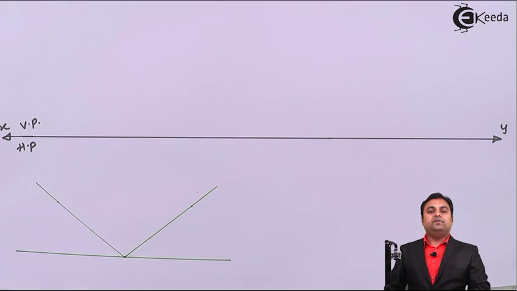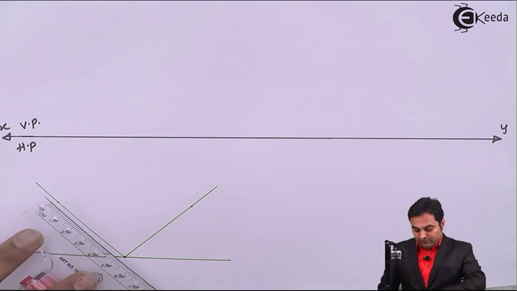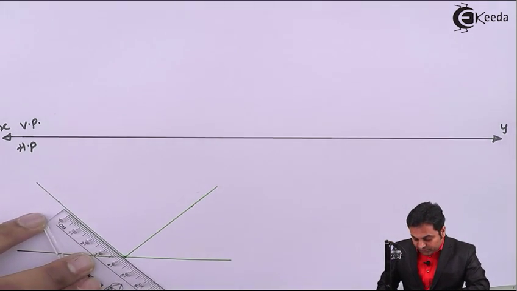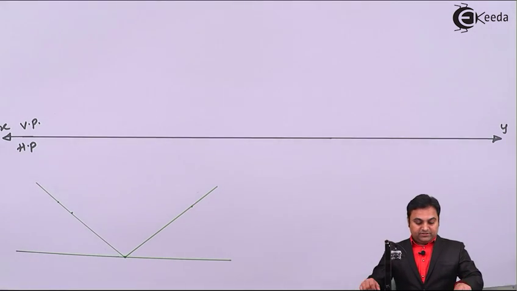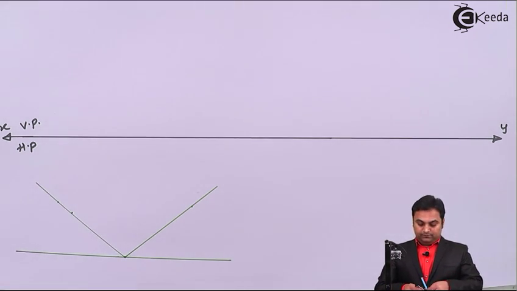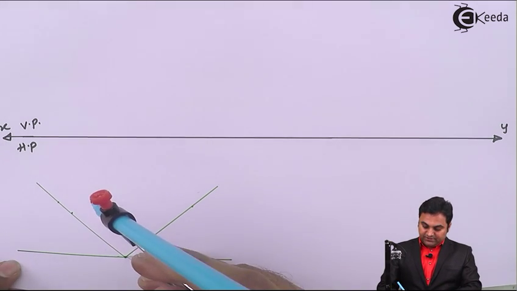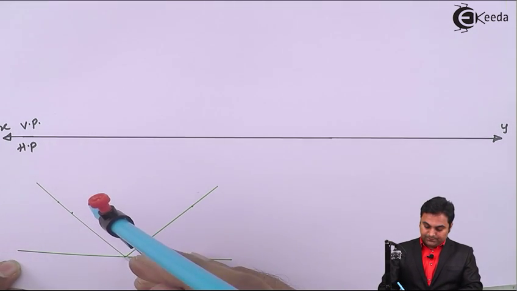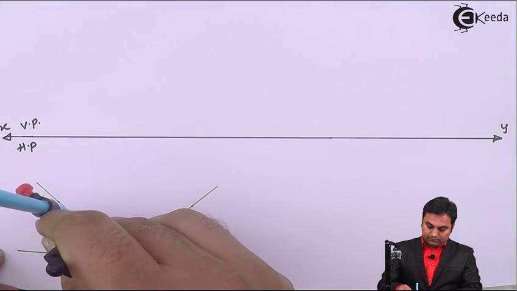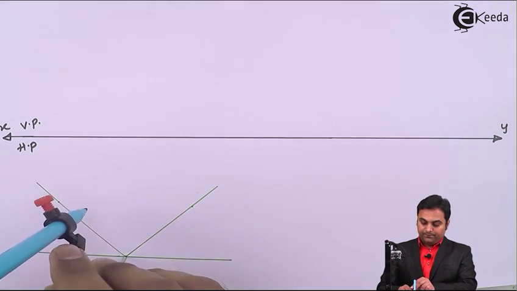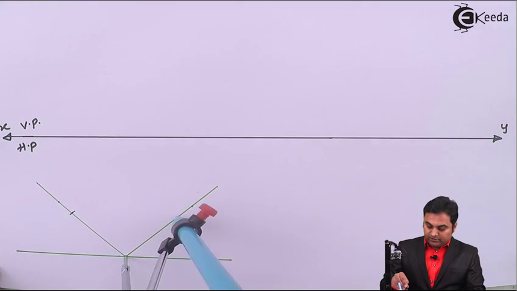The square prism is having 40 mm side, so I'll mark 40 over one of the edges. Next, I'll measure the distance in the compass. Similarly, here also I'll mark 40.